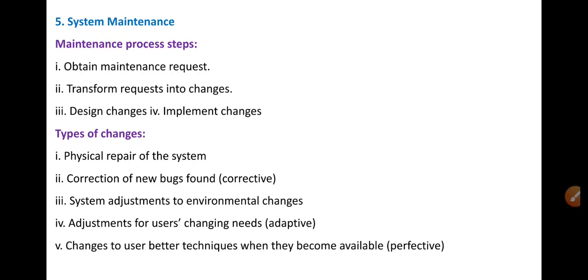And next, changes to use better techniques when they become available. The specialist can teach the users the techniques of how to use that information system. What changes can be made by the user or operator of that information system can be taught by the specialist who designed it. That gives perfectness to the information system. If we give training to the operator or user of that information system, definitely they will learn and use it in a better way, right?